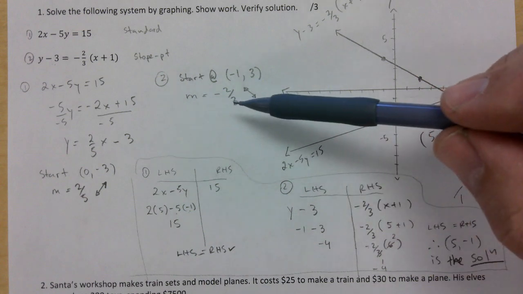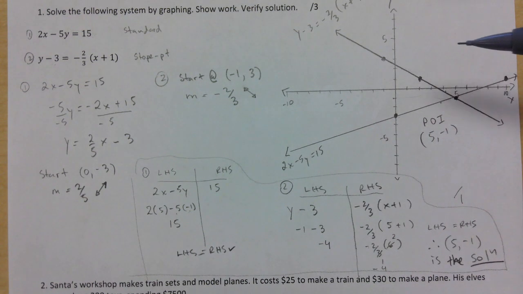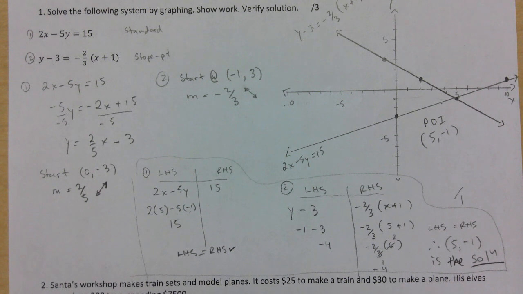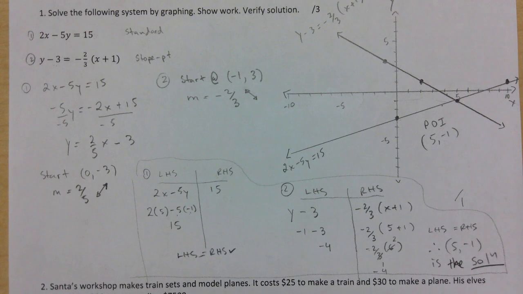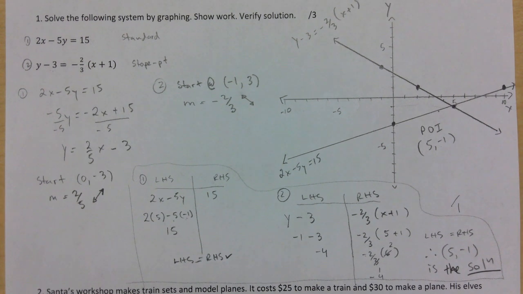And all the work that went into graphing and the graph itself, we're going to make that worth 2. So three marks if you did all the work, if you labeled correctly, right? Your lines are labeled and you identify the point of intersection and you actually stated that that's the solution. 3 out of 3. If any of that is missing, I would take off half for missed labels and so forth. Okay.